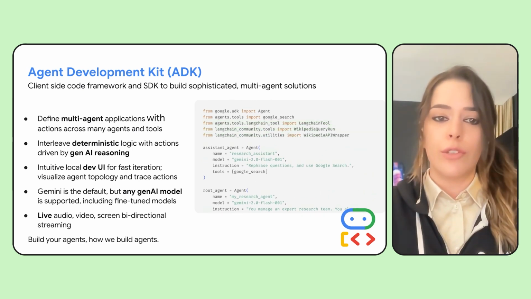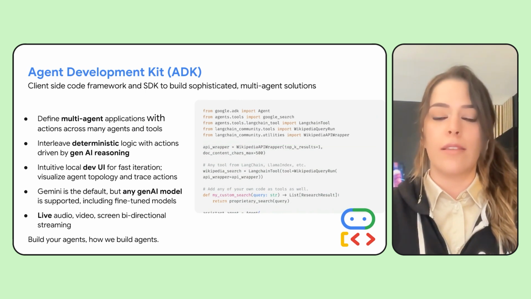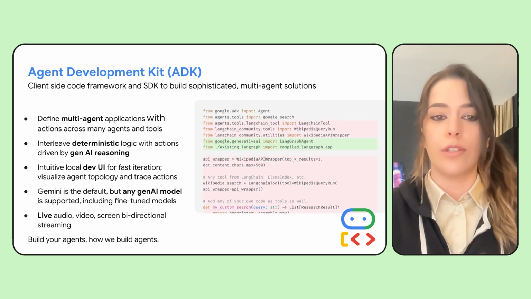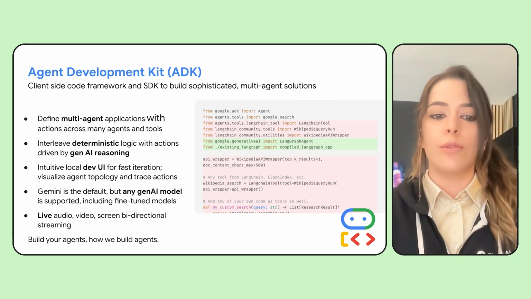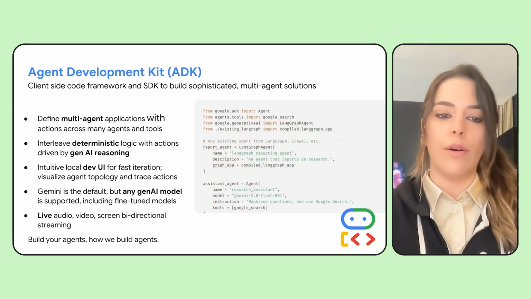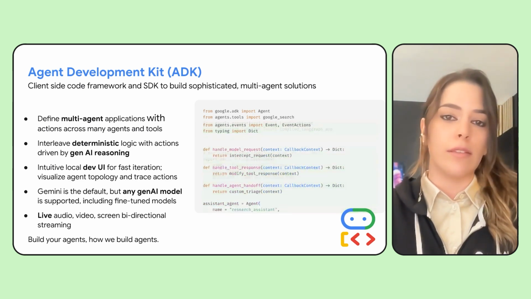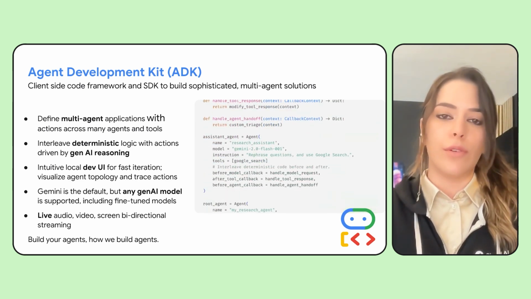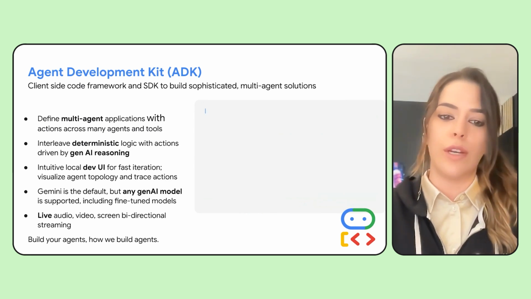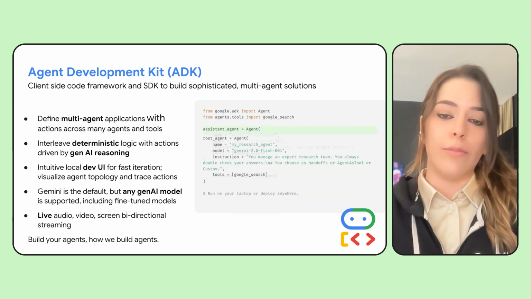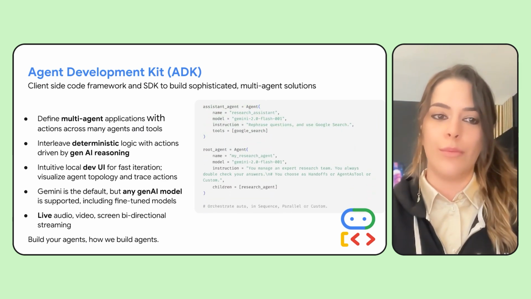So just as a refresher, the ADK is a client-side code framework and SDK to build sophisticated multi-agent solutions. It helps you by providing all of the necessary things you need to build multi-agent systems. It handles a session for you. It makes it very easy for you to set up your agents and to set up agent tools and multi-agent systems as well. So it's a very, very helpful resource to get started with multi-agent systems.